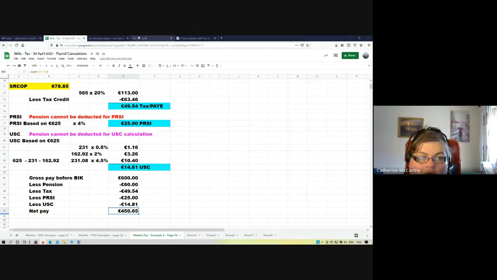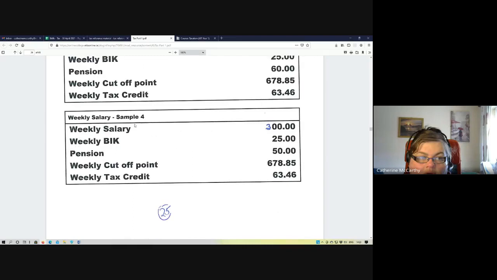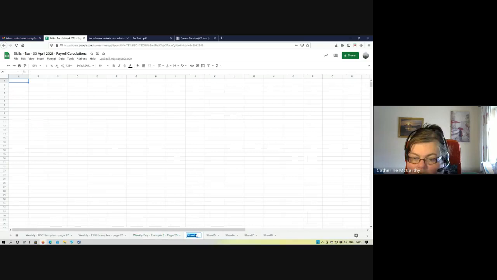Okay, so if we're okay, we try the next one, which is example 4, and that is a weekly salary of 300, weekly BIK of 25, and a pension of €50. So weekly pay, example 4, page 25.